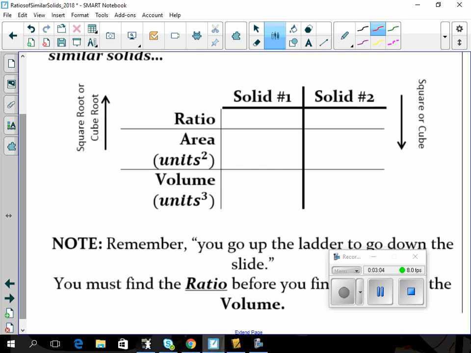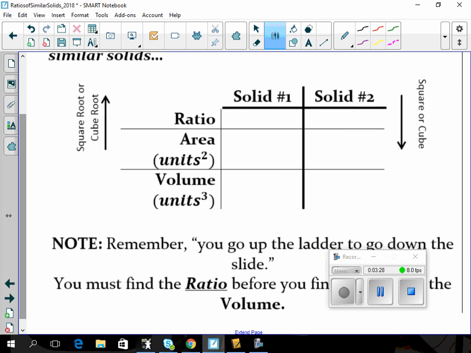Okay. In this chart, we're going to make a chart with all of our similar solids. Before we jump into our chart, can you talk to me about some solids that we already know have to be similar? Let's pick the cubes, since that's what we started making last class.